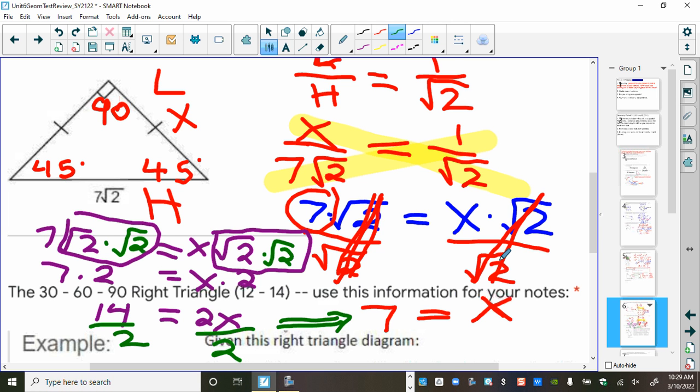All right, questions? I'll give you all a moment to breathe, look at it, think it over. And then I think the next few problems are going to involve that 30, 60, 90. Yeah, 30, 60, 90 is going to be the next couple of problems.